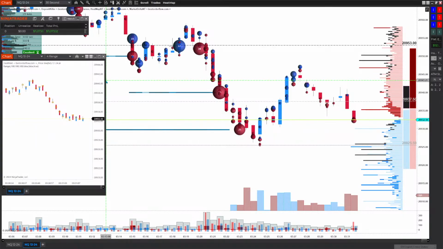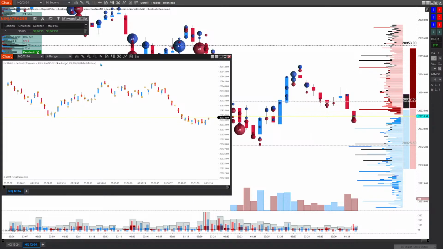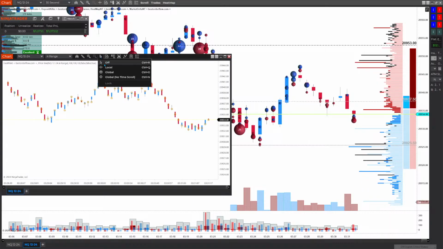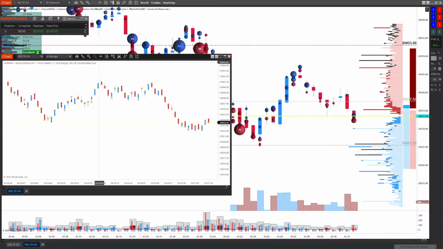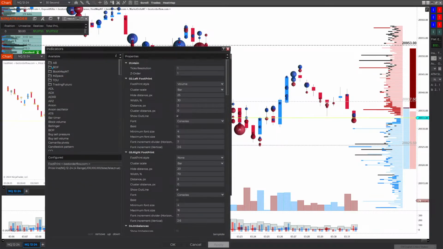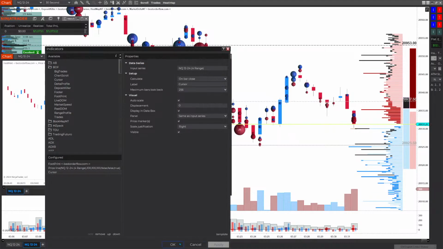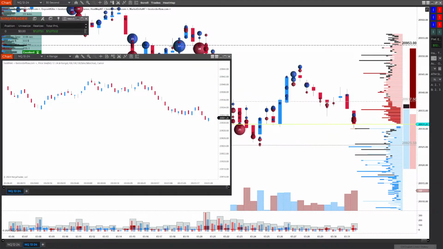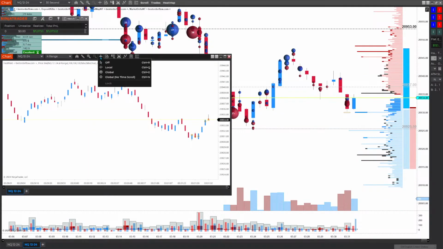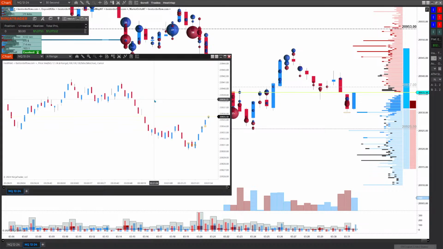So over here, let me make another cross section visible. So local, and I'm gonna add this little nifty kind of indicator that enhances visibility. So local, here we go.